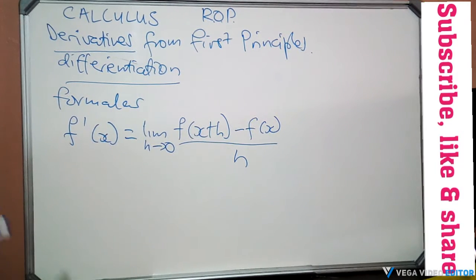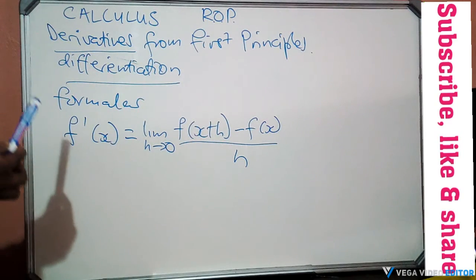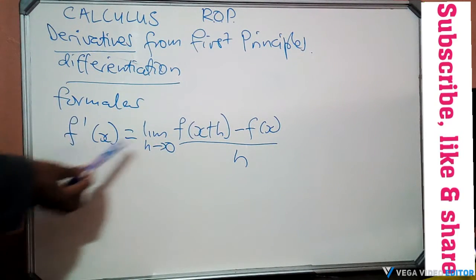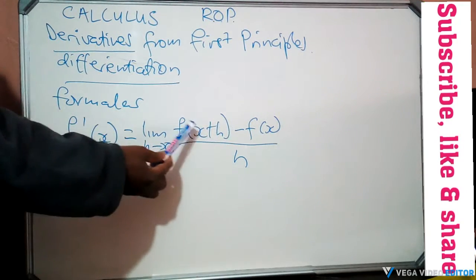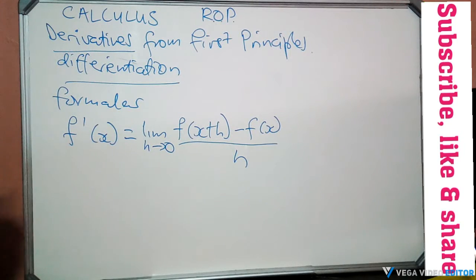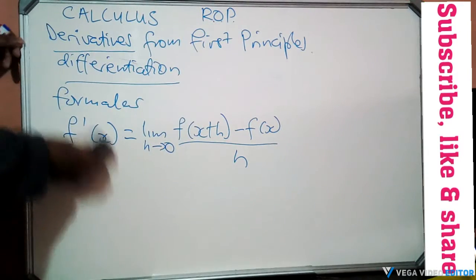So whenever we're given a function using first principles, our first point is to first find this f(x plus h). That is the first thing that we're going to be doing. All right. Now let us quickly look at an example.